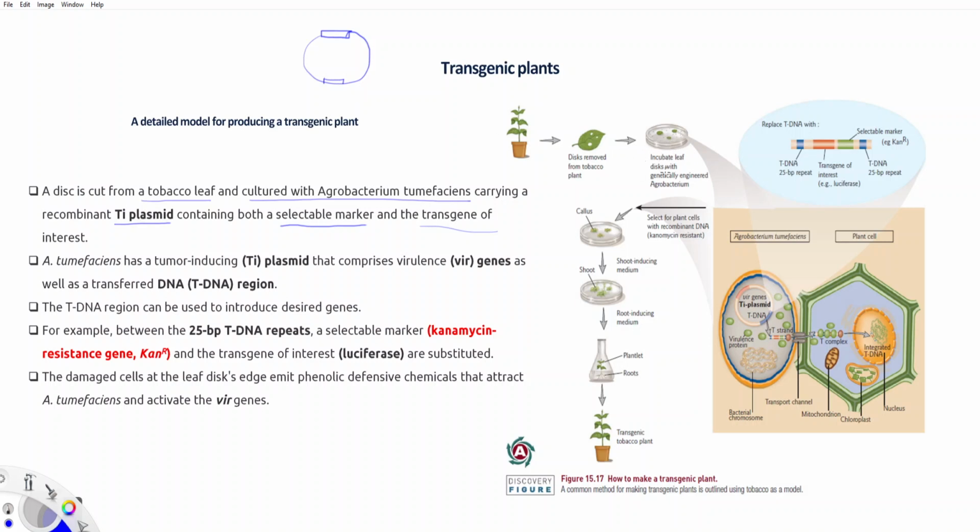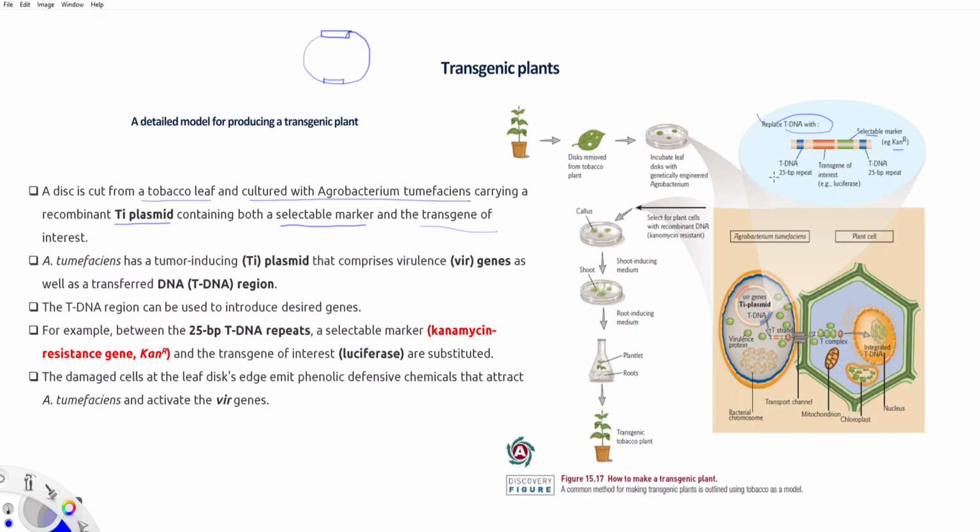You incubate them, and once you've incubated them, this is what is going to happen on the inside. You're going to replace the transferred DNA. Remember that the bad gene, that transferred DNA, is replaced with a selectable marker, kanamycin resistance, which is a resistance gene that allows those cells to resist an antibiotic known as kanamycin.